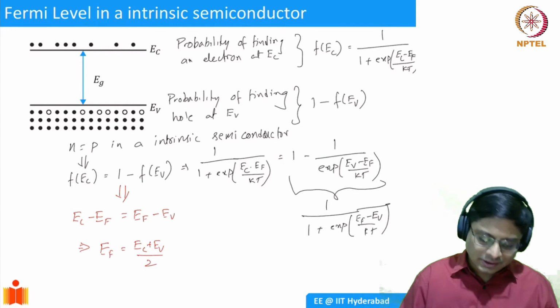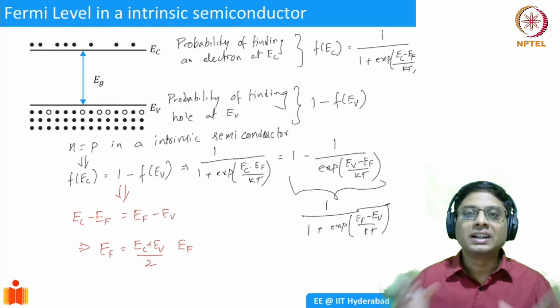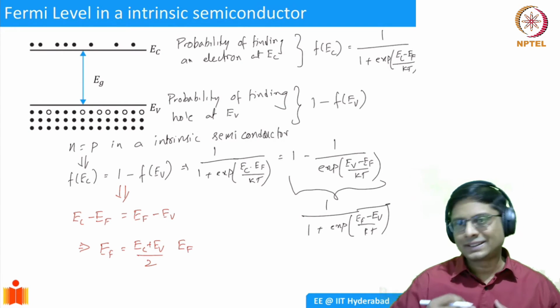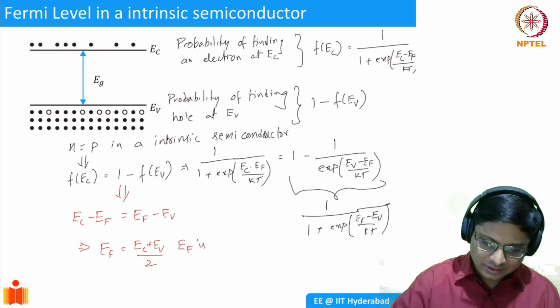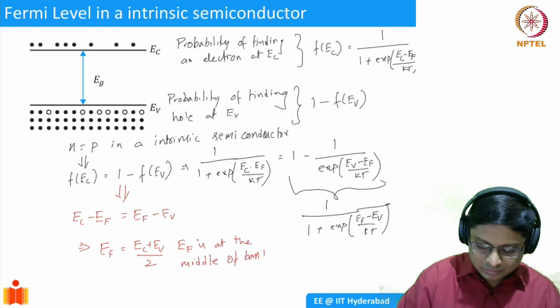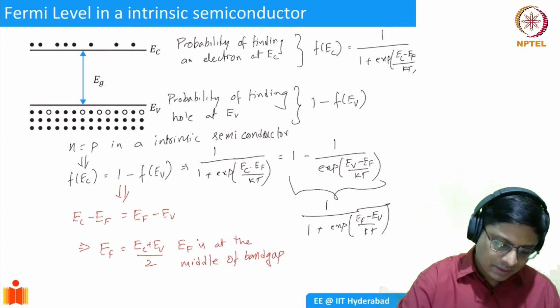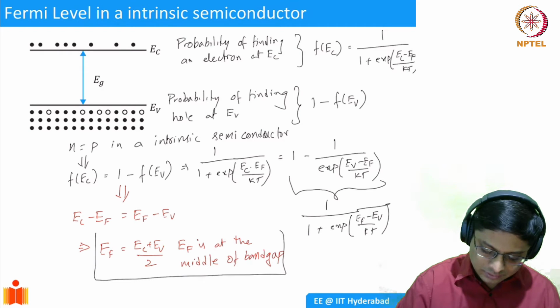So what this is telling you is that EF, the Fermi level for an intrinsic semiconductor, lies exactly in the middle of the band gap. Okay, so this is the conclusion we have from this analysis.